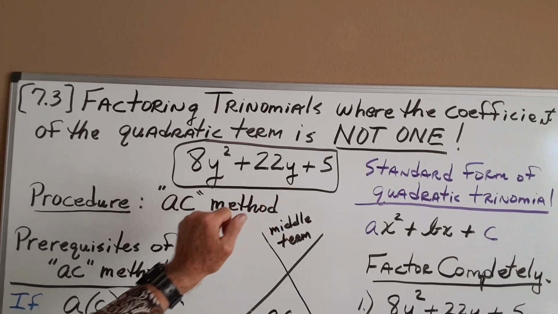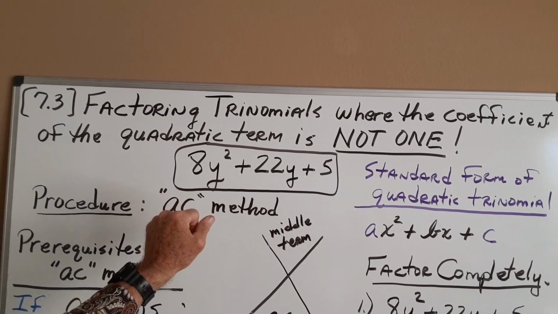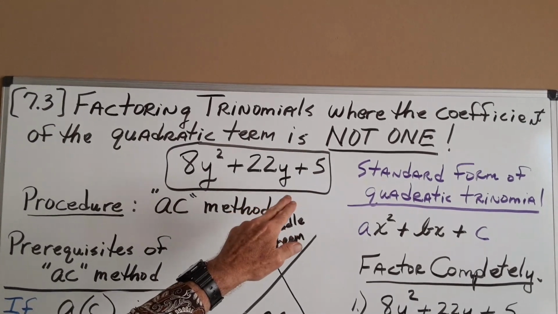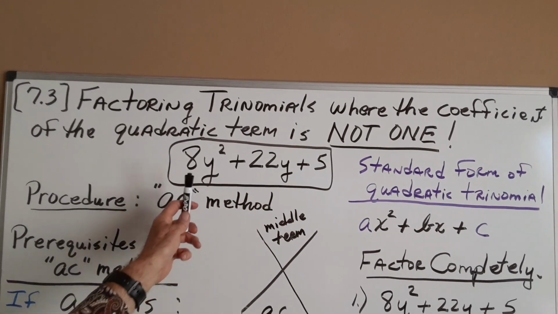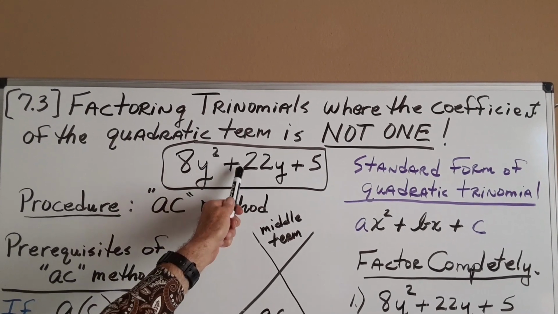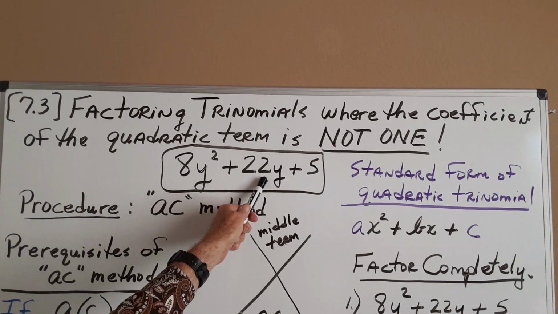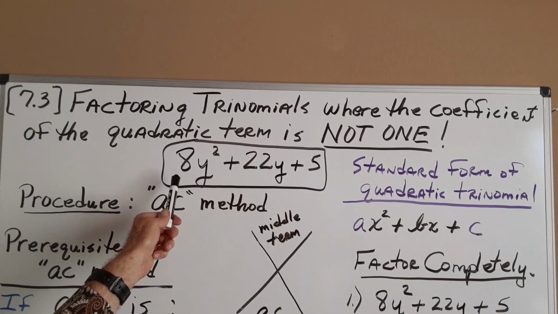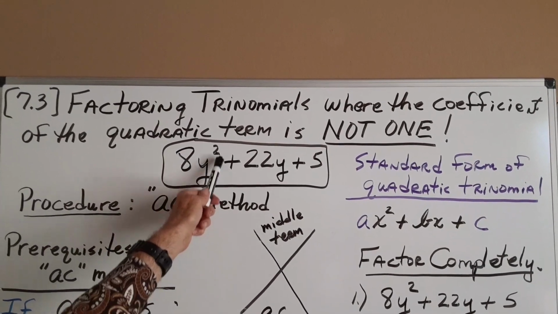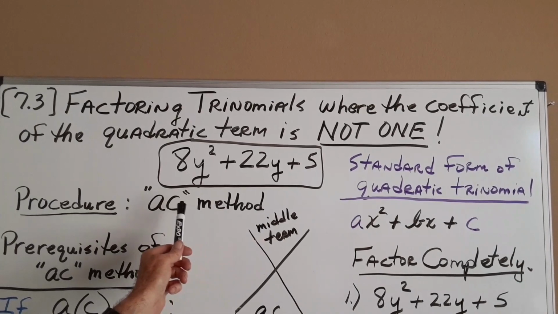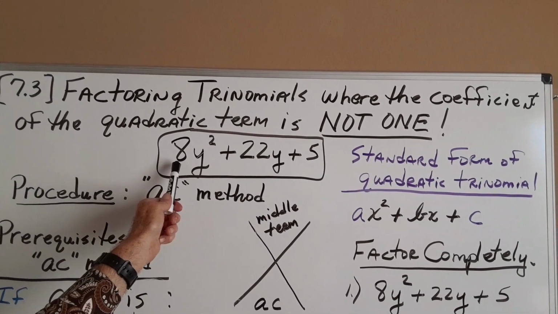Example: 8y squared plus 22y plus 5. Quadratic term, linear term, constant term. Note, the coefficient of the quadratic term is not 1. It happens to be 8.